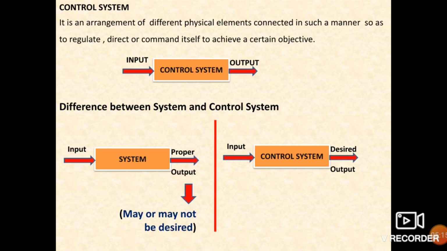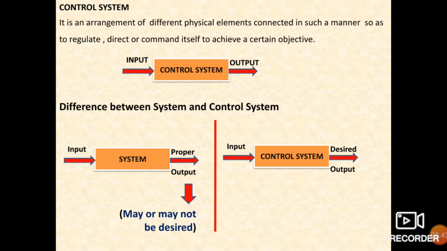So here the electric water heater is given an input as AC supply. We are turning on the switch. So AC supply is given, and in what manner are we directing? To heat the water in the electric water heater to a particular temperature level. To meet that objective, we are directing the electric water heater. Okay, so this is what a control system is.